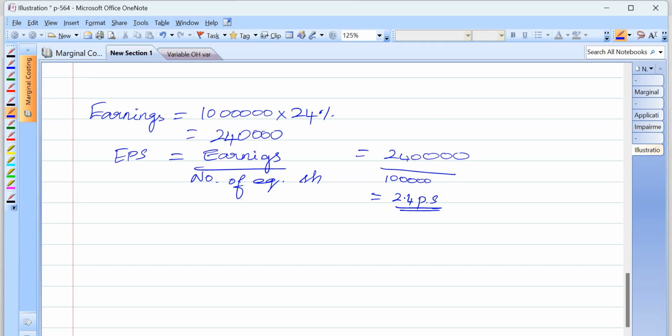So next, I want to calculate based on Gordon's rule. What is the formula for calculating using Gordon's rule? K is equal to dividend D1 divided by P0, plus G, right? So we require G in this question. What is G? G is equal to B into R, where B is the retention ratio.